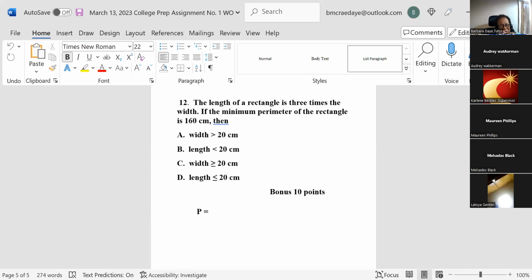So 3 times 40 is more than that 160. If you add 40 twice, you get 80. And if you do 3 times that, 80 is more than 160. That's how I do mine. Okay, so you got the answer C.